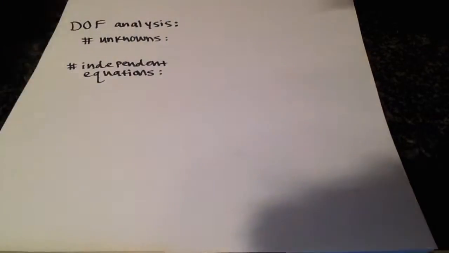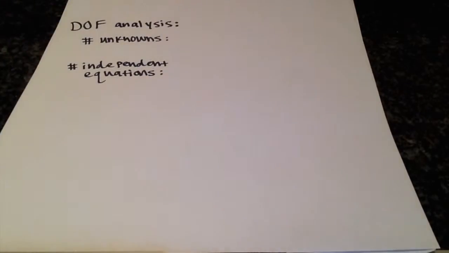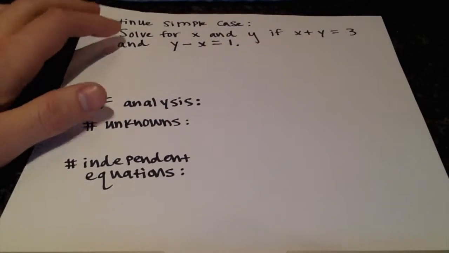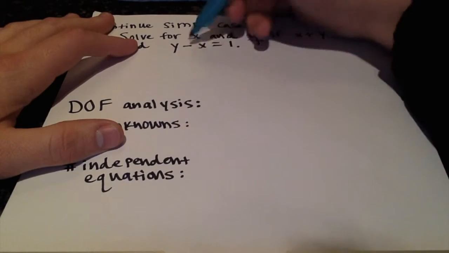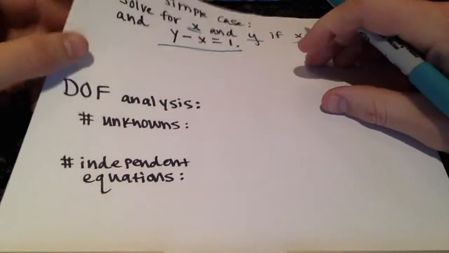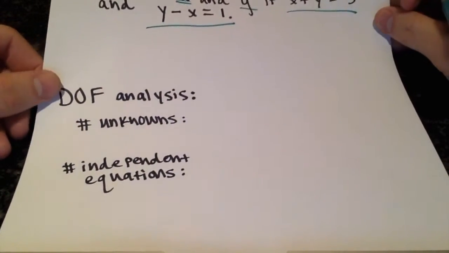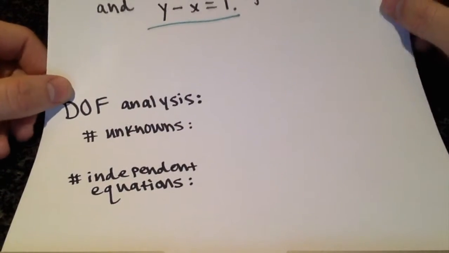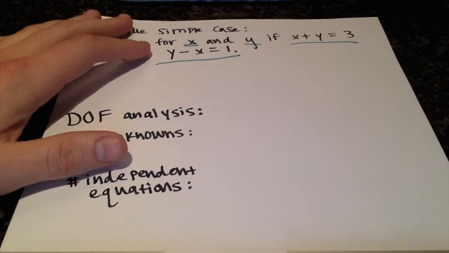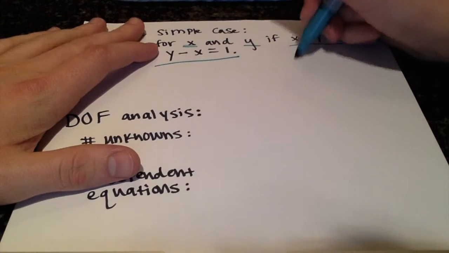Okay, so let's look at our continued simple case, and this time we still want to solve for x and y, and we're given two equations, and now this time we do in fact have two independent equations. So when you go about solving this, you know to add these equations.